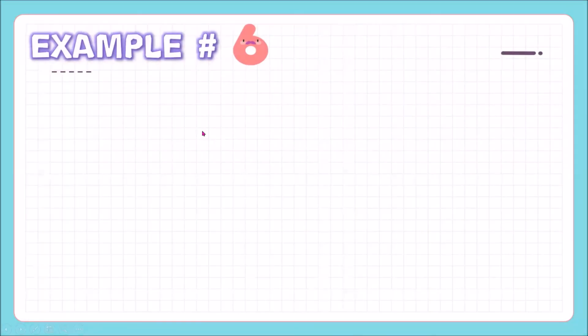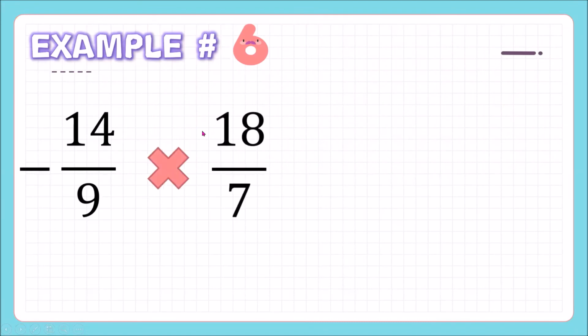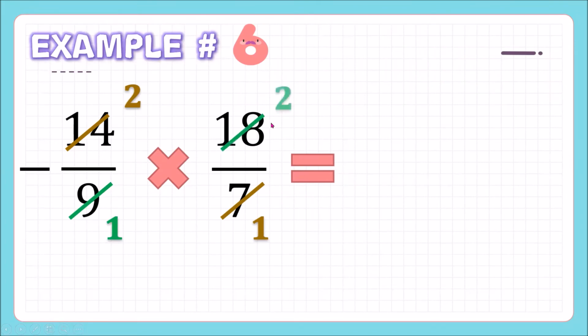Next, number 6. Negative 14 over 9 times 18 over 7. So our cancellation here will be diagonally across. So we have 14 and 7. We need to divide by 7. So 14 becomes 2, and this one becomes 1. 9 and 18. So 9 will become 1 because 9 divided by 9, and then 18 divided by 9 will become 2.